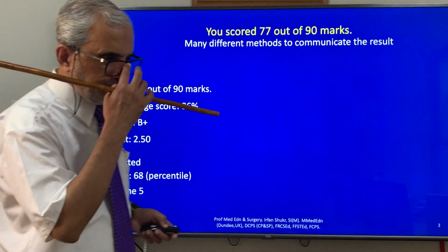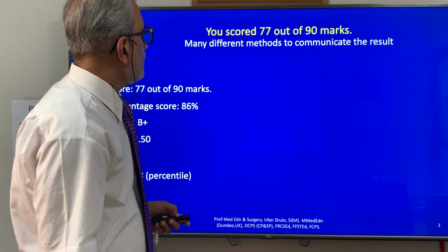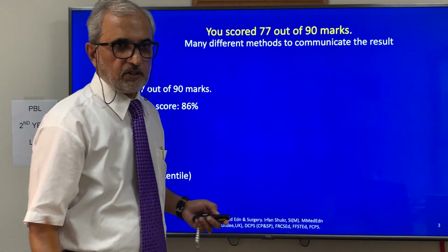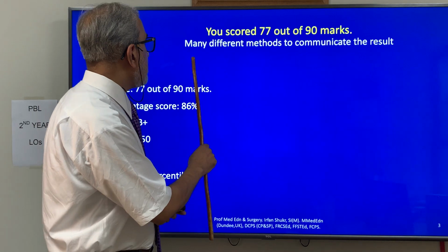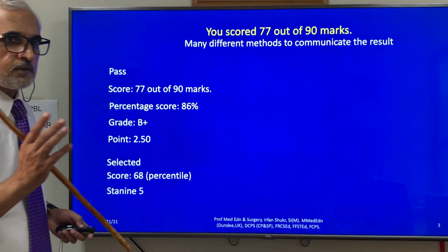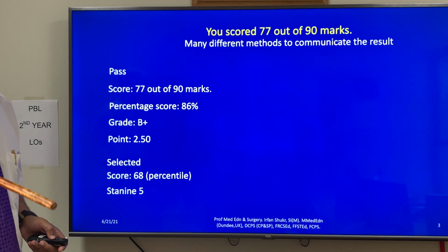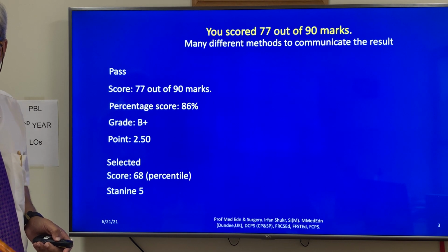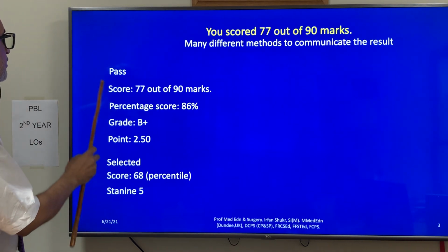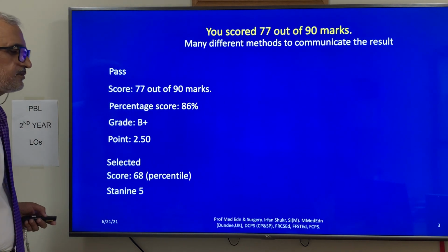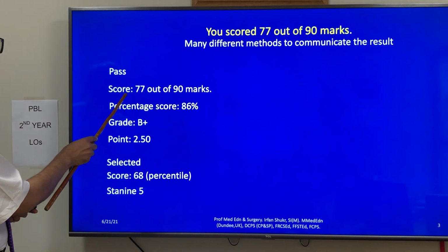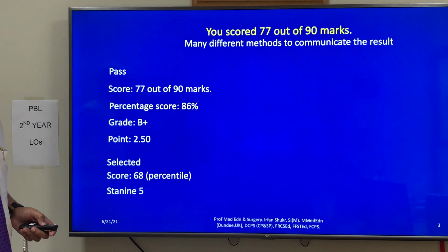Let's understand by means of an example. Let us say you scored 77 out of 90 marks. There are many different methods to communicate the result. You may get a paper or an email, or you may see a posted result, and the result could be your name and the word pass. It could be your name, scored 77 out of 90 marks.